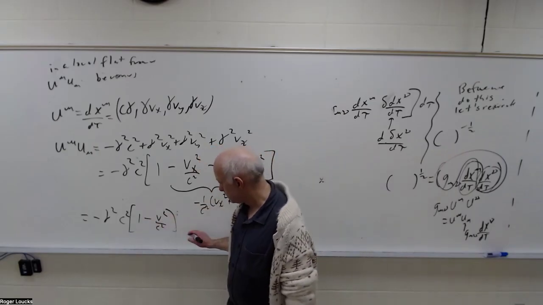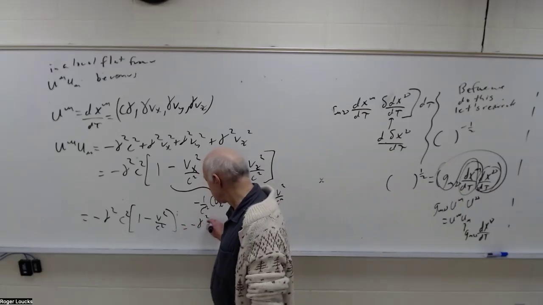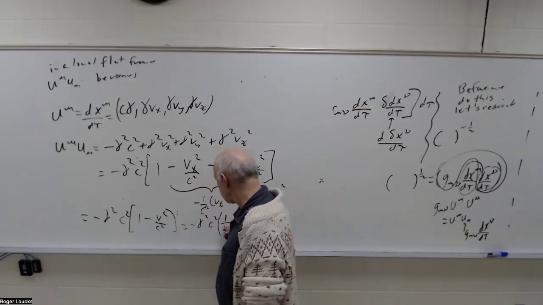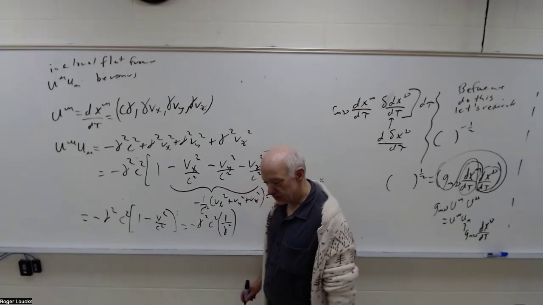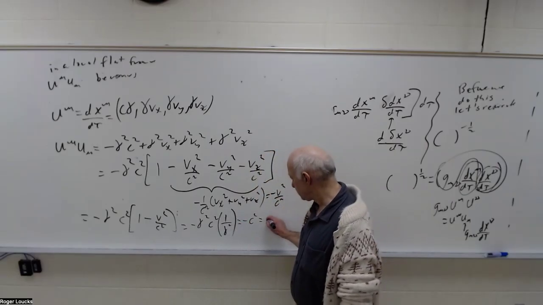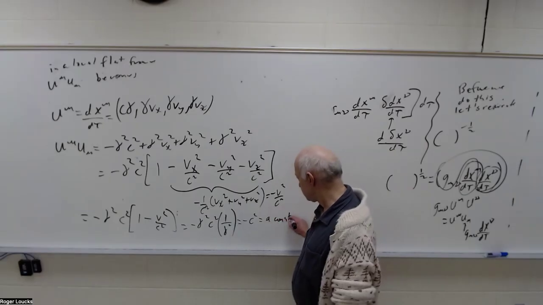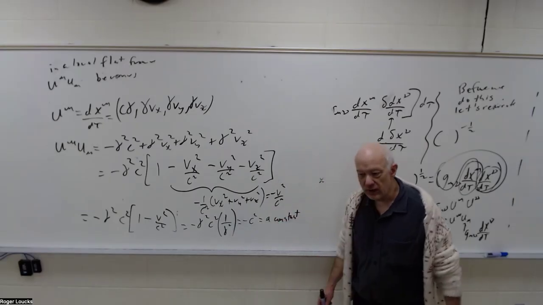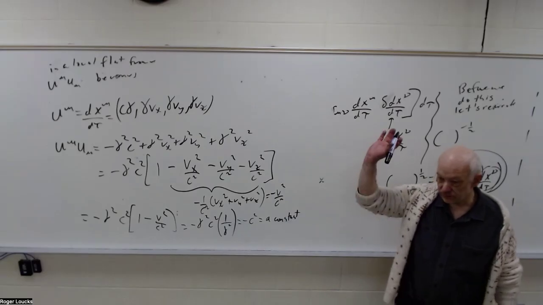1 over gamma squared. So this is minus c squared, frequently known as a constant. So what can I do with that piece? Get rid of it.